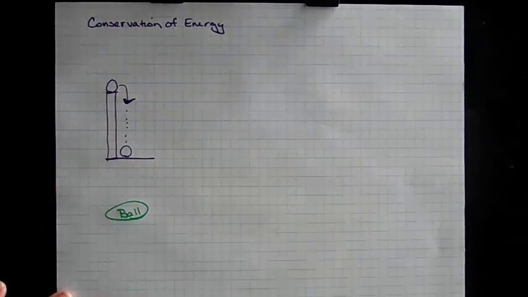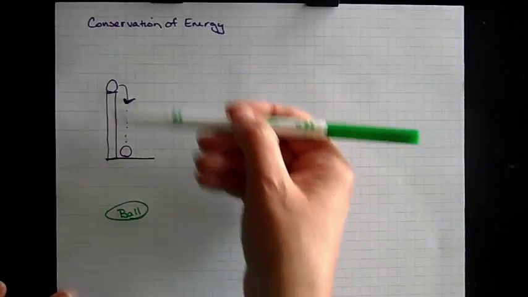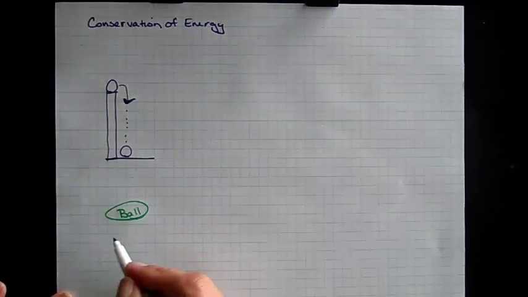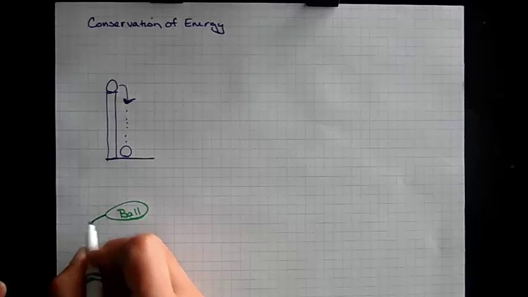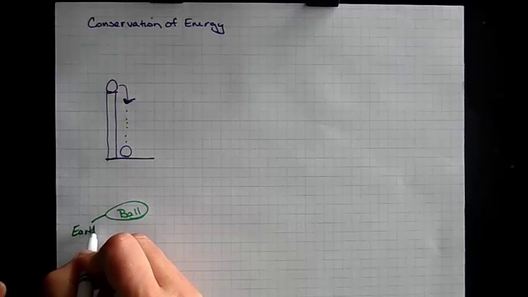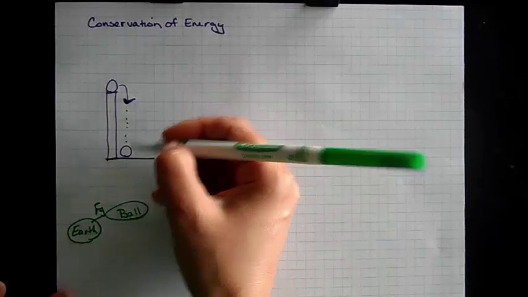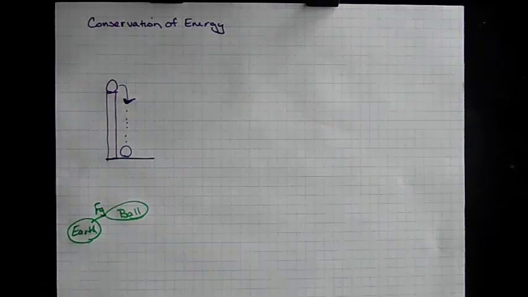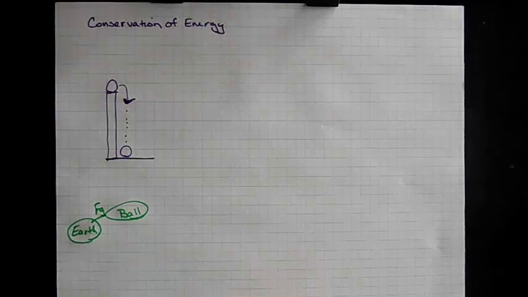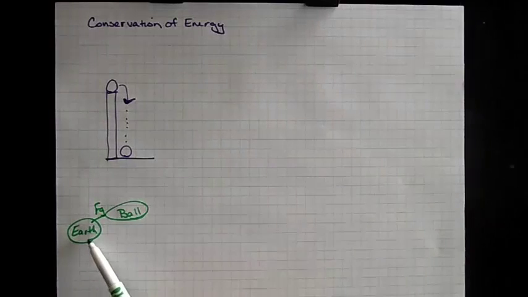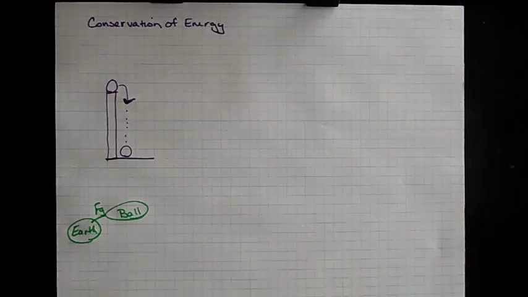So in this case, what we want to know is what changes the energy of the ball. And what we have is the Earth over here, with its force of gravity pulling the ball down. Once we roll that ball off of the wall, the Earth is going to pull it down with that force of gravity. So our system would include the ball and the Earth.